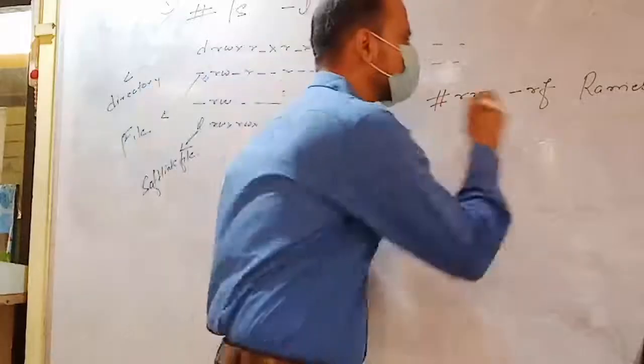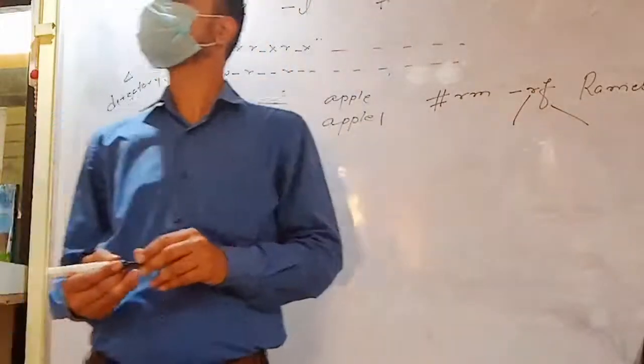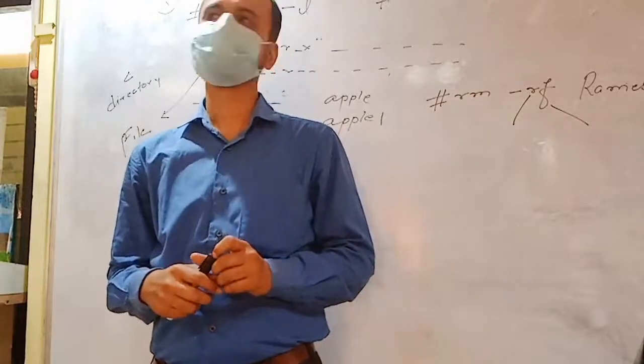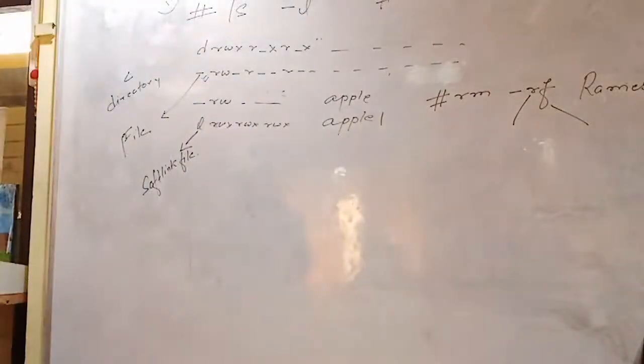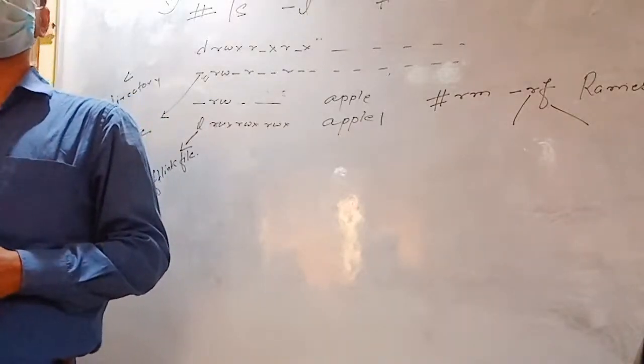And what is the purpose of r and f? Good, very good, excellent. r is recursive. And f for? Forcefully. Recursively and forcefully delete. There is no need to warn us for each and every file. Clear?